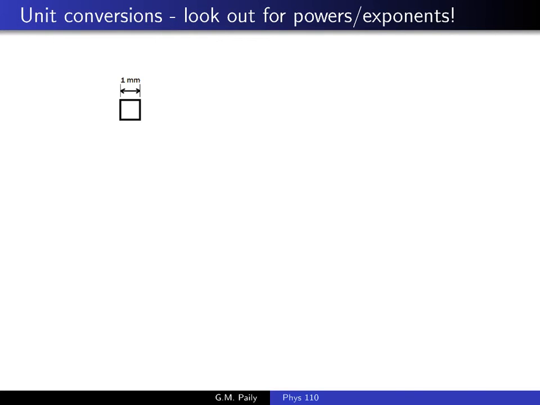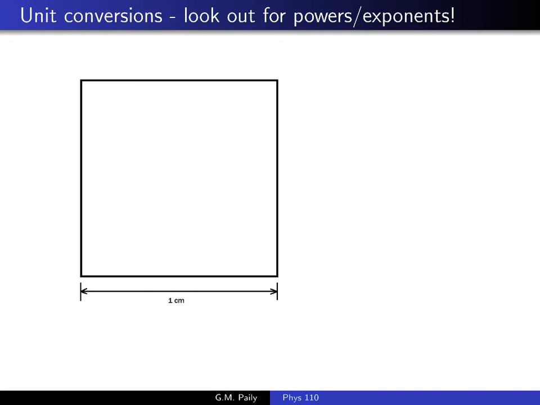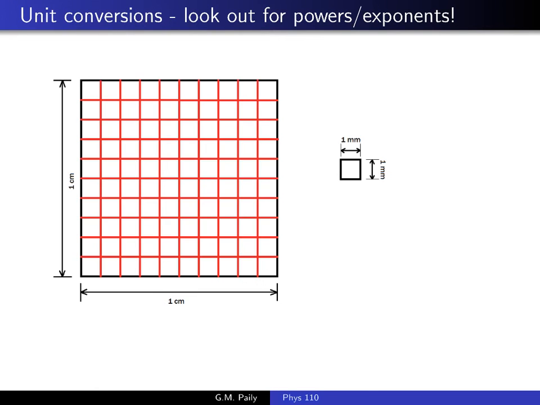If this little box is a millimeter squared in area, it's a little square with side 1 millimeter, and this big box is a centimeter squared, just think of it being zoomed in, okay? So the question is, how many of the little box fit into the big box? And we can see that 100 millimeters squared will fit into 1 centimeter squared. So 100 of these little guys will fit into this big square here.